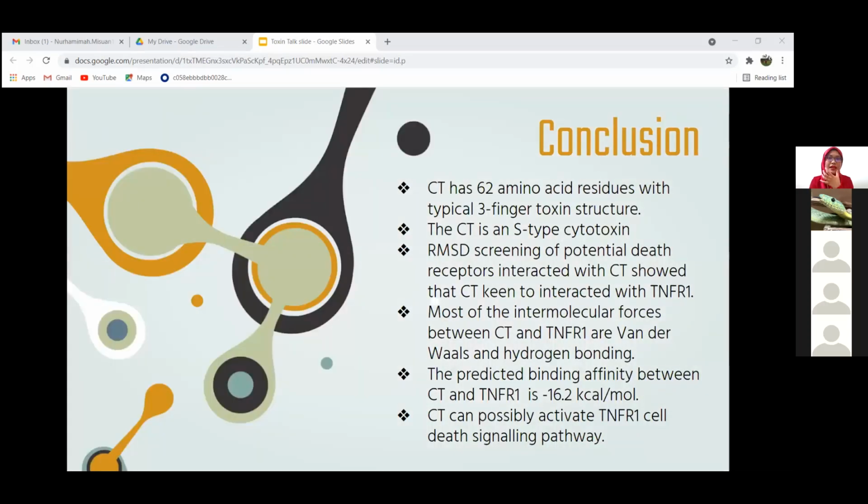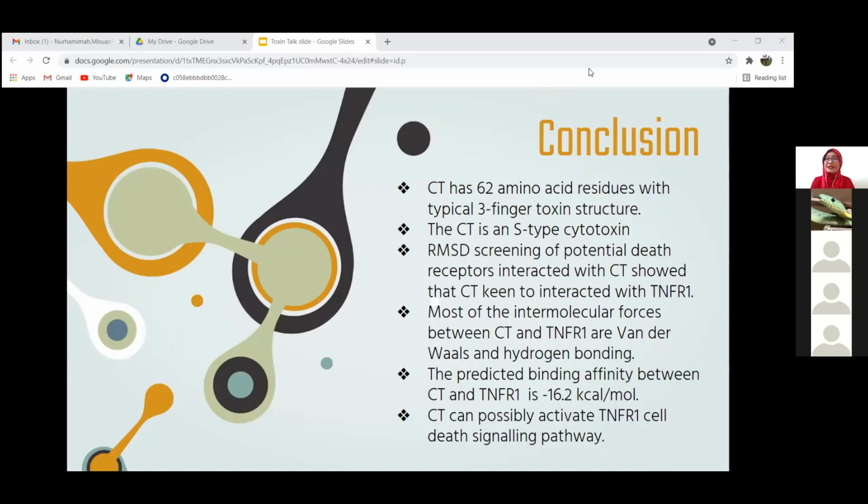And this is the conclusion of my talk today. CT has 62 amino acid residues with a typical 3-finger toxin structure. CT is an S-type cytotoxin, and screening of potential drug receptors interacting with CT showed that CT is keen to interact with TNFR1, and most of the intermolecular forces between CT and TNFR1 are van der Waals and hydrogen bonding.